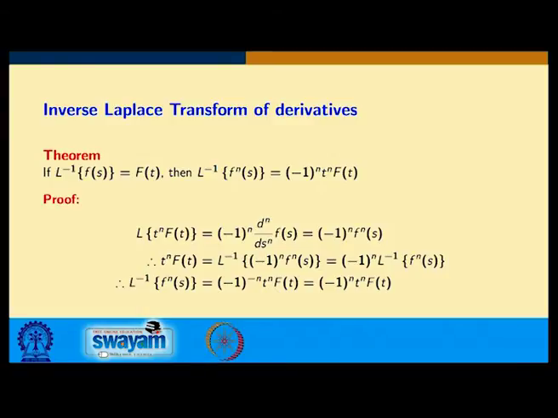From here I write minus 1 to the power n F^(n)(s), and then I directly get the result, the Laplace inverse of this. So, ultimately we are getting the proof.